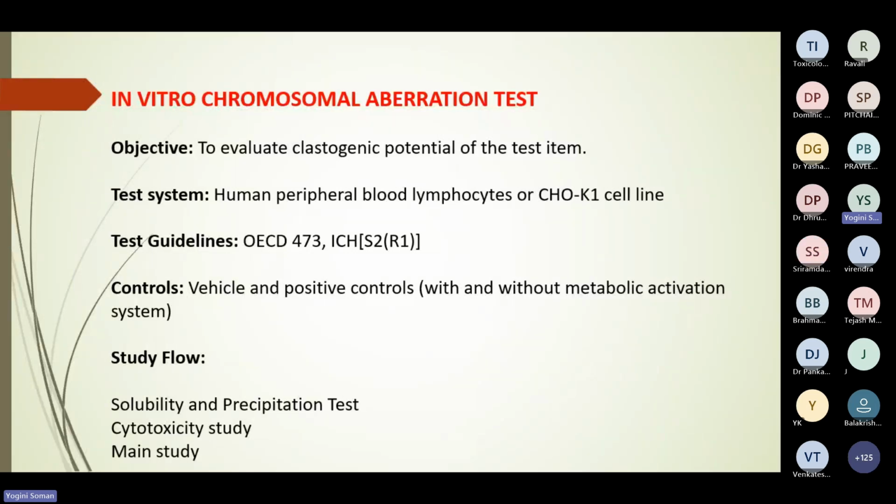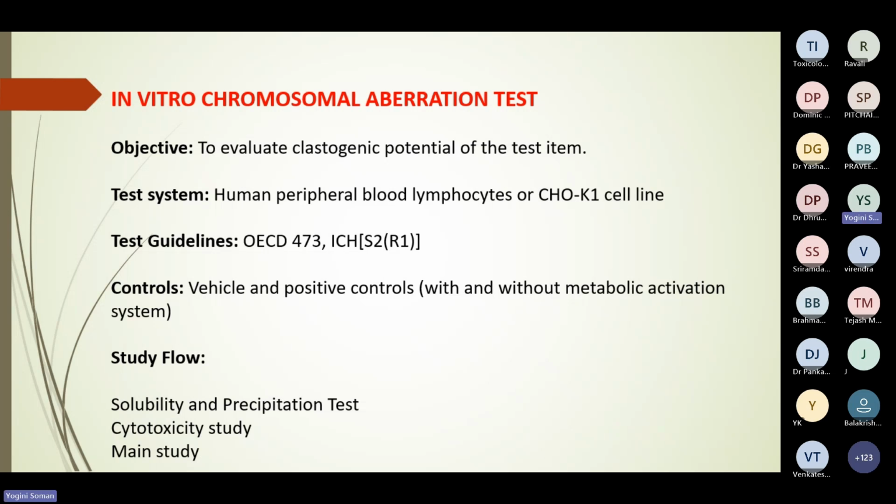The test guideline is OECD 473 for agrochemicals basically. If a compound is a pharma compound, then you should follow OECD 473 along with ICH S2(R1). For the study, you should use validated vehicle and positive controls with and without the metabolic activation system.